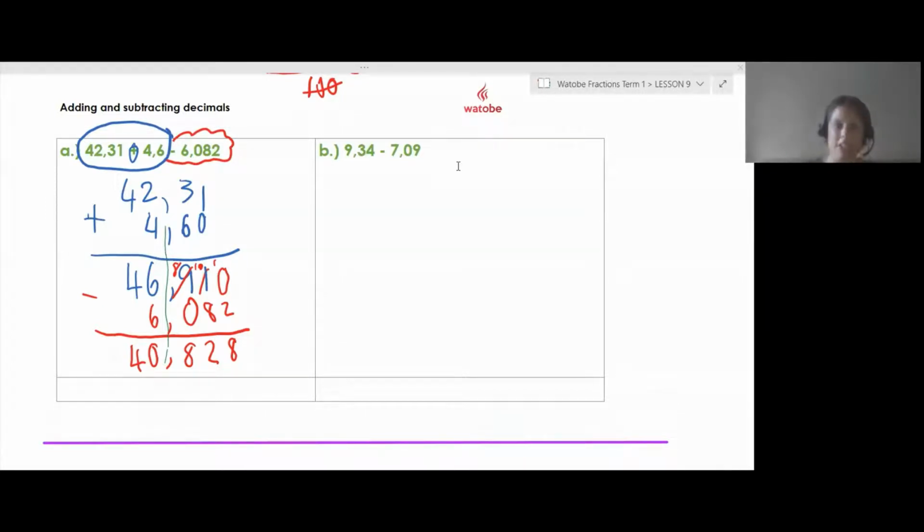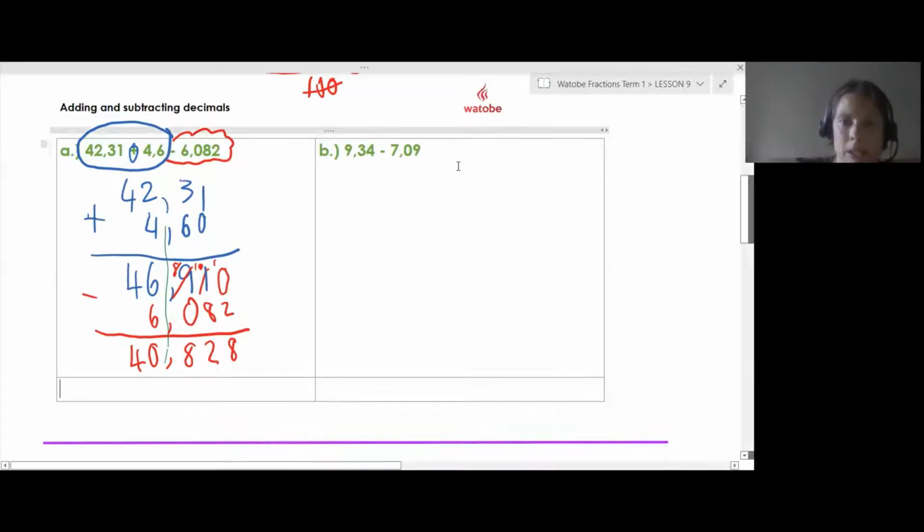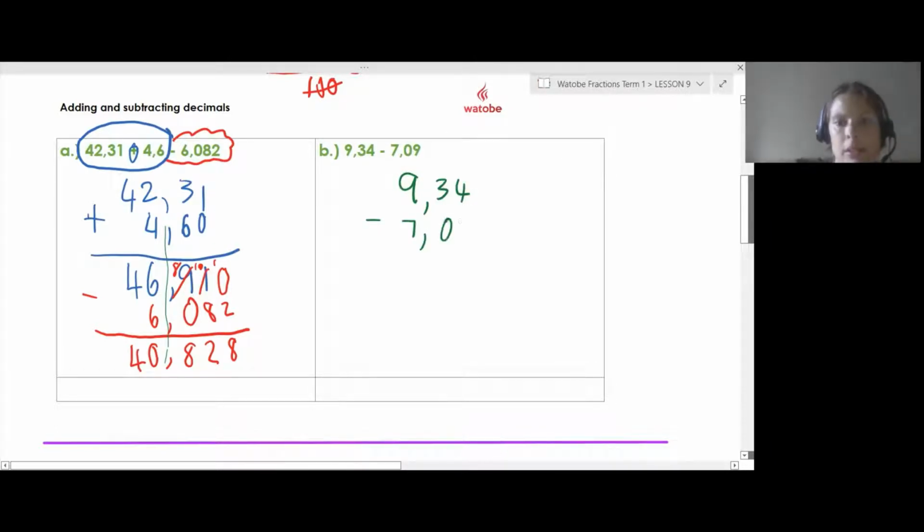Okay, Jerome. Tell us what's going on. What do we do? So I wrote down the sum again: 9,344 minus 7,09. And then 4 can't minus 9, so I borrowed from 3, put it on to 4, and then I say 14 minus 9, which is 5.